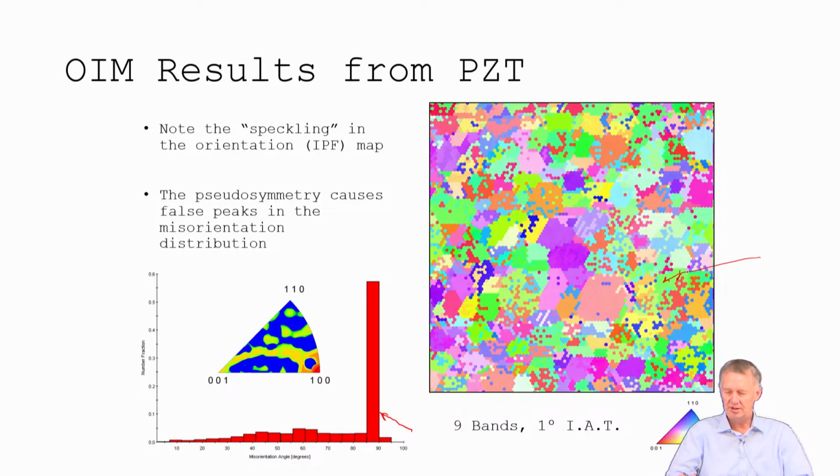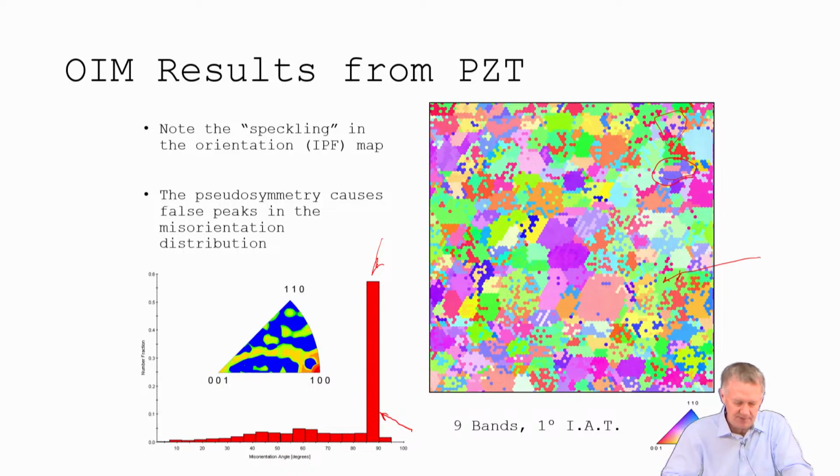And you can look at other examples in here where you have this grain where you have the blue and maybe fuchsia, whatever you call it, and those are all over the place. So we have a high peak in our misorientation angle histogram that says it's a 90 degree rotation angle.